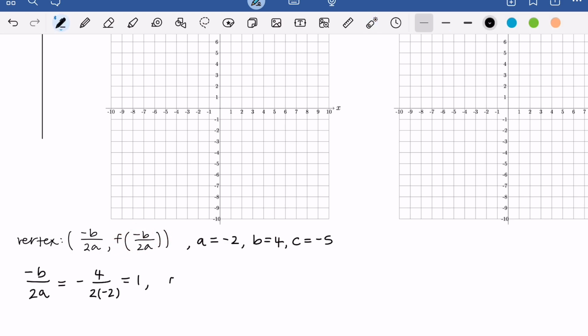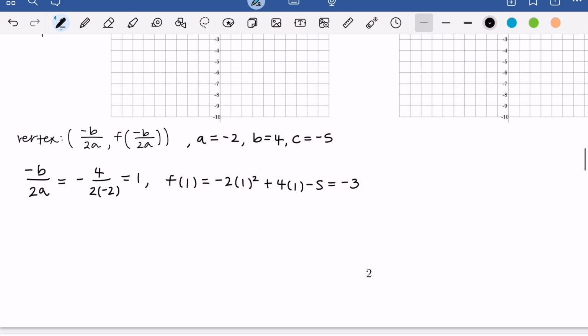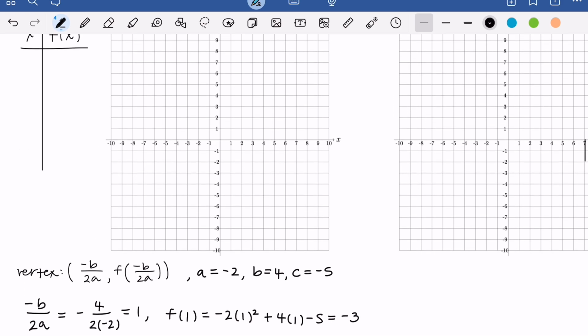So we're going to plug in this value of 1 into our original function up here. So we're going to have minus 2 times 1 squared plus 4 times 1, and then minus 5, which will give us a minus 3. So this means that our vertex is then going to be 1, negative 3. So we can easily plot that on this graph here. 1, negative 3 is going to be right around there.